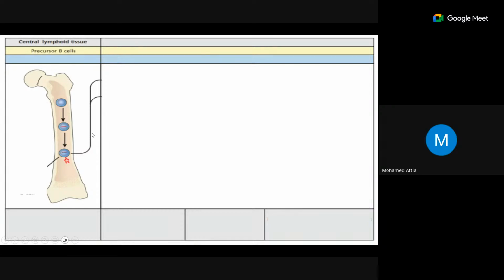And as a revision, the central lymphoid tissues for the precursor B cells will have progenitor and pre-B cells. The patient will suffer from acute leukemia and the lymphoblastic phase of lymphoma, which will be dealt with as if it is acute lymphoblastic leukemia.